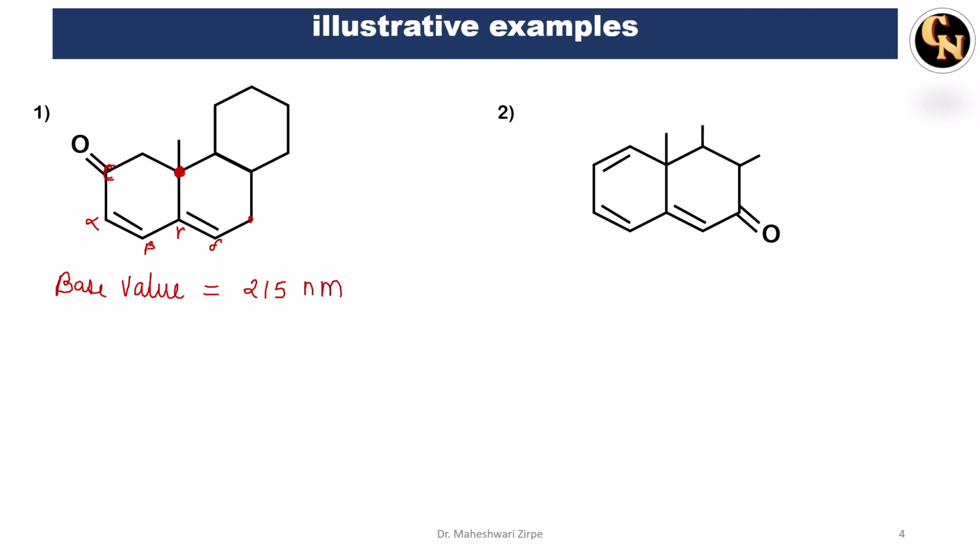Similarly, at delta carbon there is one CH2 group, which we have to add as substituents to 215. Then let us write the extended conjugation.